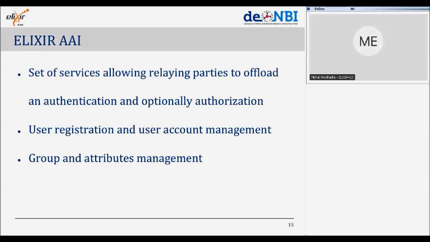This feature is quite heavily used by deNBI, so deNBI is storing some of their information in the Elixir AAI, and these attributes can be seen just by deNBI and can be managed by the people from deNBI. And then they have the one interface where they can manage and access that information.